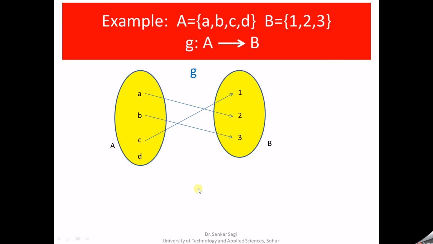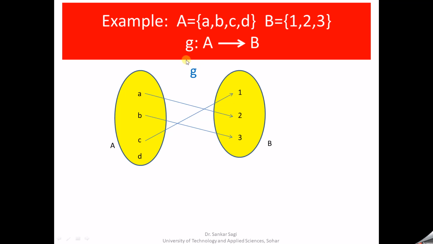Let us look at the next example. A is the set containing a, b, c, d, and B is the set containing 1, 2, 3, and G is defined this way. a has the image 2, and b has the image 3, and c has the image 1.